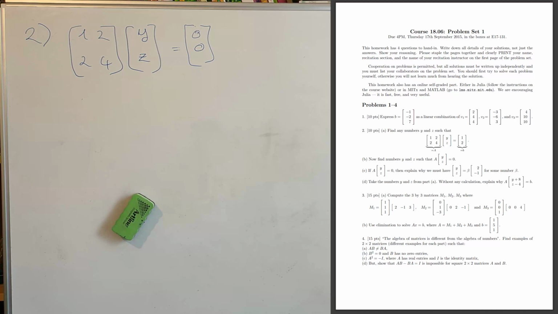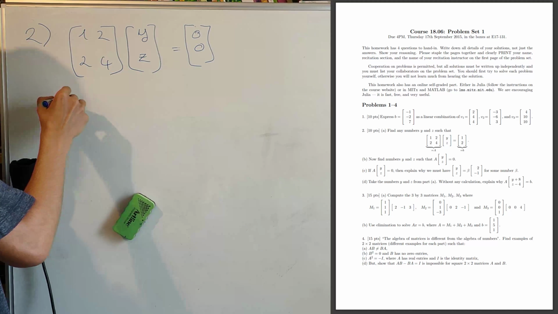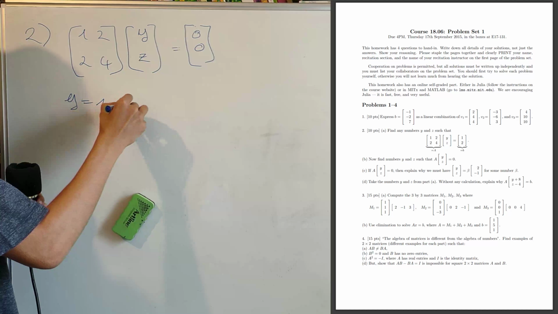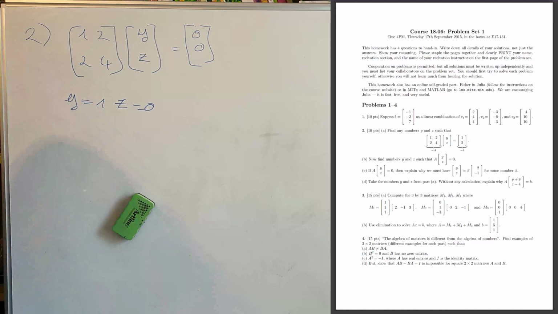So take the numbers from part A. This question refers to part A, which was y equals 1 and z equals 0. Without any calculations, explain why A times this matrix equals B. Wait 1 second.